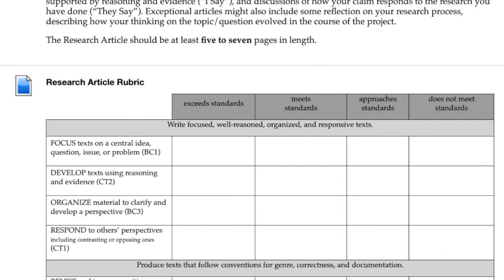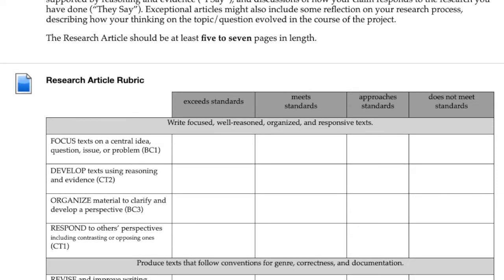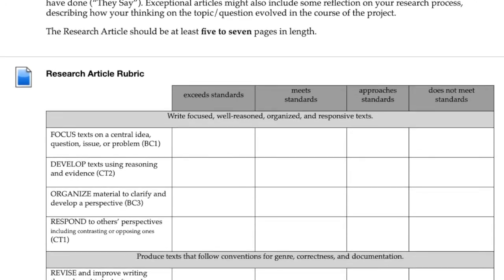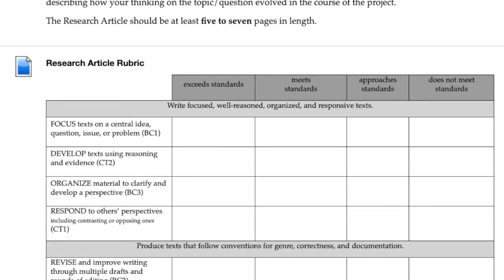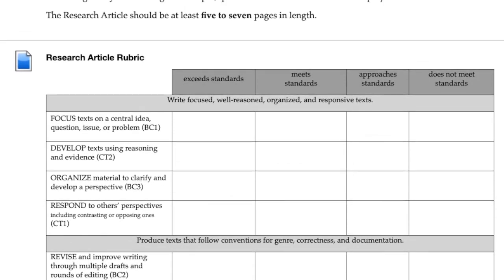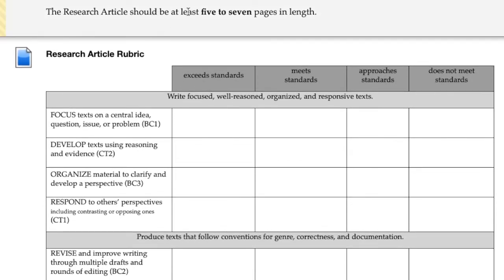This is your thesis or your main point, and discussions of how your claim responds to the research you have done. Exceptional articles might also include some reflection on your research process, describing how your thinking on the topic or question evolved in the course of the project. And since everybody asks, the research article should be at least 5 to 7 pages in length.